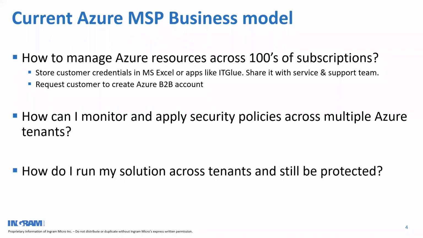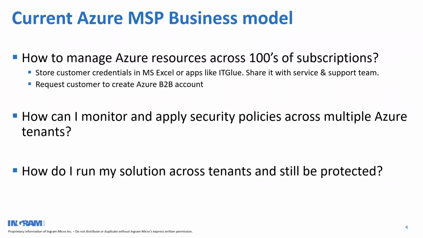Also, we have a lot of service providers and system integrators who have their own IP. Now, IP can be as simple as an automation script. It can be an entire product or a solution, or it can be a set of governance rules that they follow. When you apply these governance rules or deploy a solution to your customer tenant, and for whatever reason the customer decides to remove your account from his own subscription, you basically lose the control of your own IP.